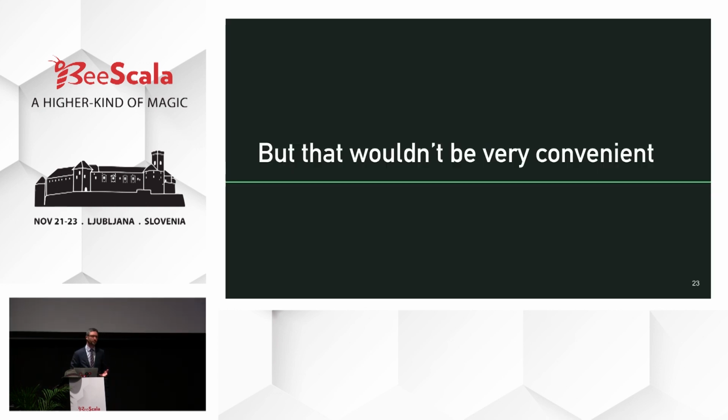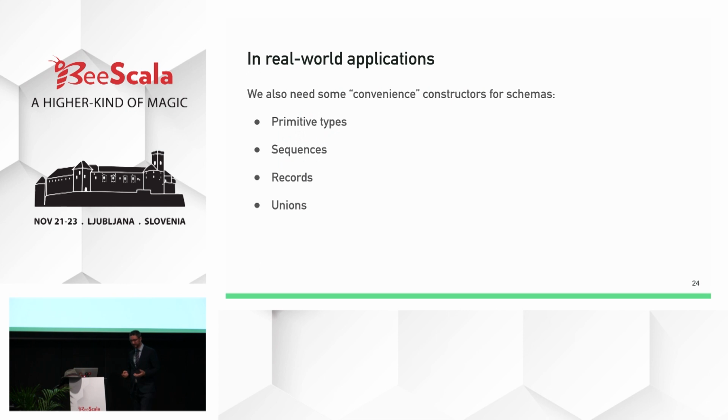But of course, doing so wouldn't be very convenient in a real-world setting. In a real-world setting, we don't want to define bytes with this ugly nested product I showed earlier. So it would be convenient to have a way to represent primitive types. We also need a way to represent sequences without the very ugly syntax we saw in the previous slide.